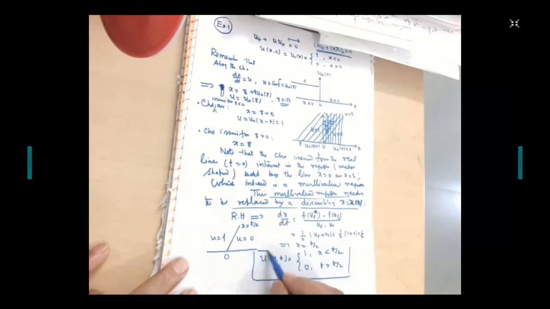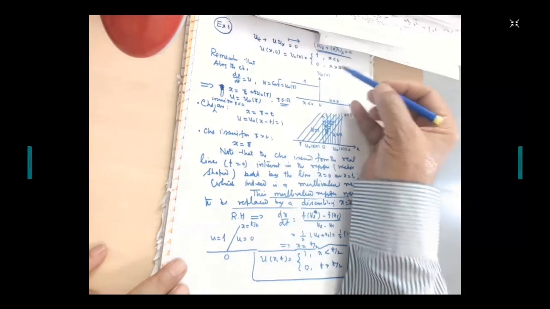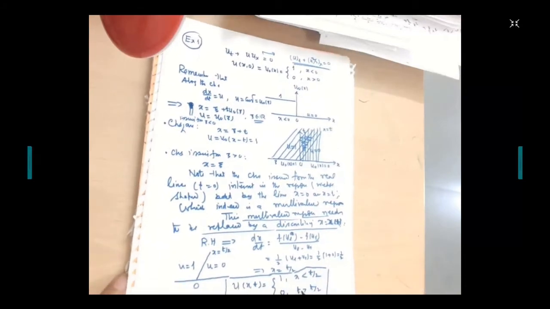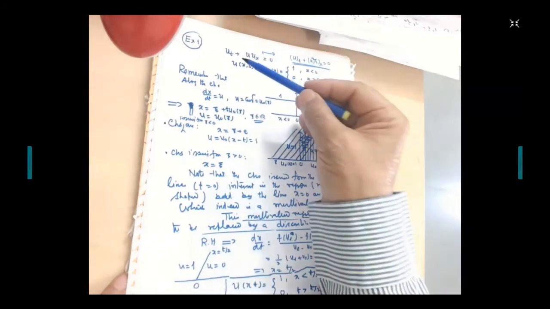Now you can verify that this is indeed a weak solution. It satisfies the initial condition, it's very clear, right? At t equal to 0, you can see that u is 1 and 0, it satisfies the initial condition, correct? This solution satisfies the differential equation identically.